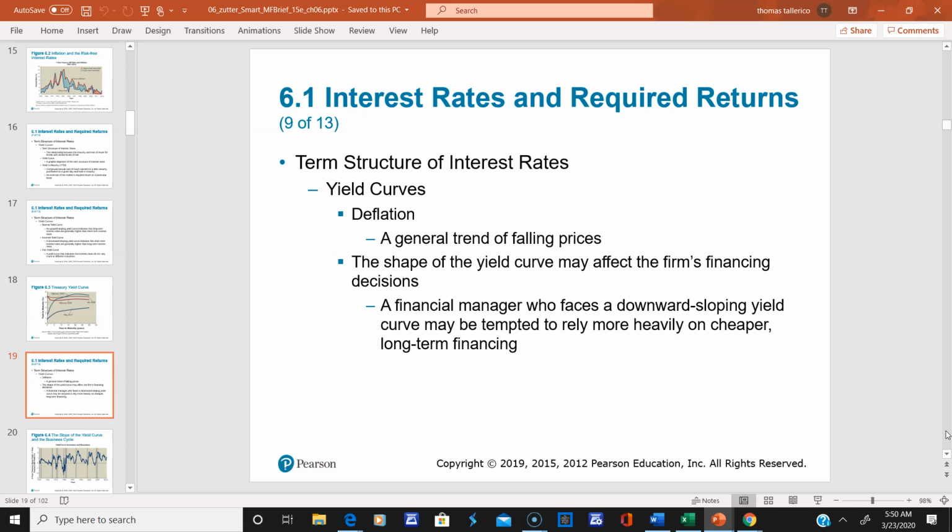All right, the yield curve. If prices are falling, we're in a period of deflation. People look at this yield curve and it affects companies' financing decisions. I sent you a thing about how they look at the price of copper and corrugated cardboard and JOLTS to determine when to make investments.